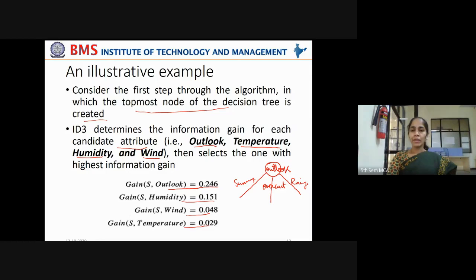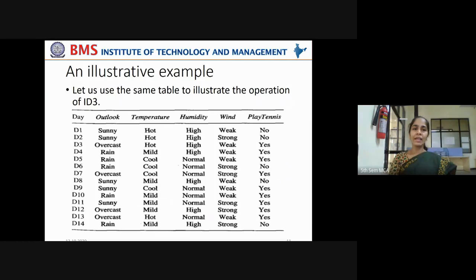Now, when the outlook is sunny, what should be the next split point? Or whether it has already completed the classification, that we have to check. Okay, now let us go back once. See here, outlook when it is overcast and outlook when it is sunny.